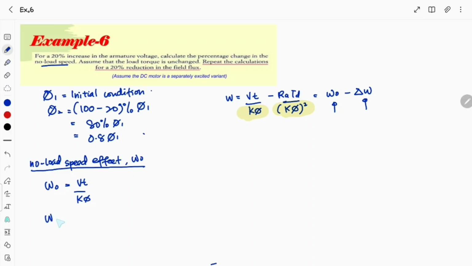We have no load speed 1 over no load speed 2. So VA1, I change this terminal voltage to VA1 because we are still assuming the motor that we are analyzing is a separately excited type. So VA1 over KV1 divided by VA2 over KV2.